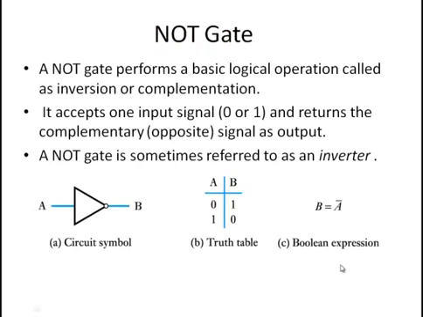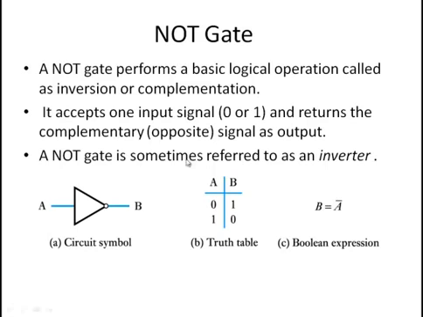First, it is the NOT gate. The NOT gate performs a basic logical operation called inversion or complementation. It inverts the input. That is, if the input is 1, the output will be 0. If the input is 0, the output will be 1.